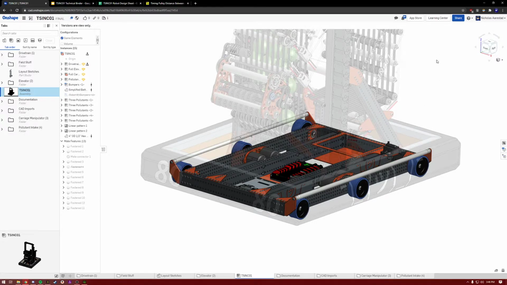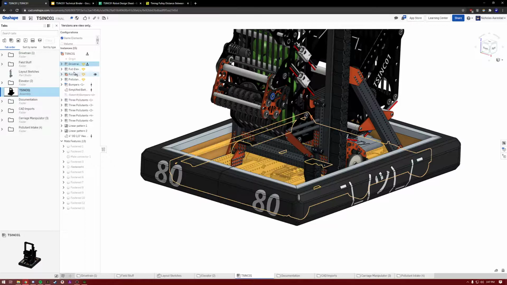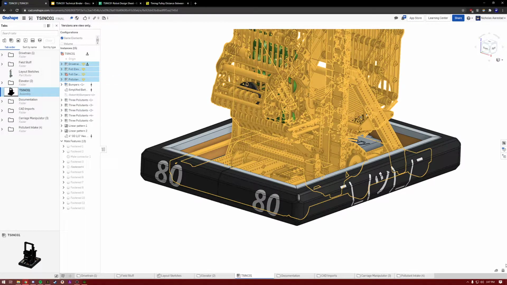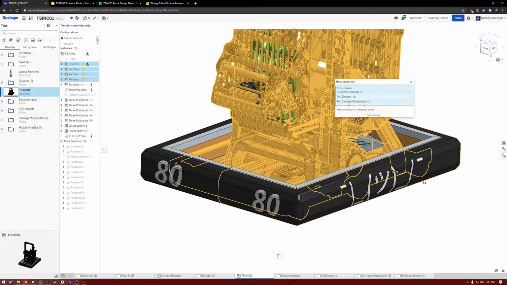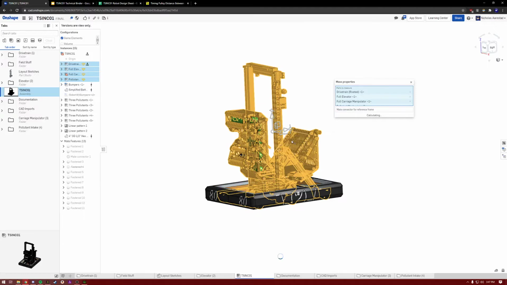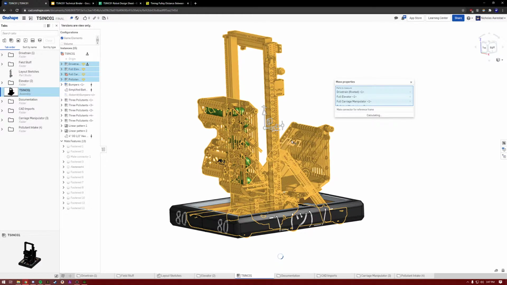And the reason for that is this. So let's take a look at the weight of this robot. This robot, as is, weighs, drumroll please, for Onshape's mass calculation, which is apparently still figuring its life out.